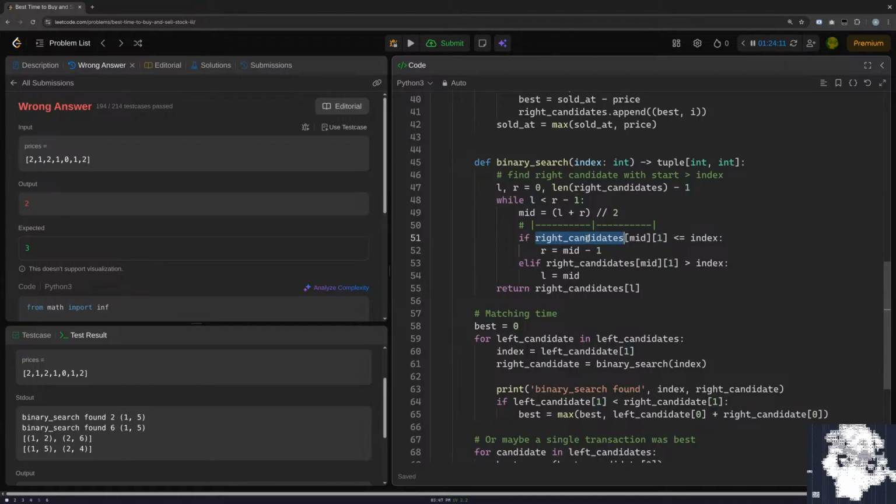So right candidates is sorted in increasing order of profit and decreasing order of left index.